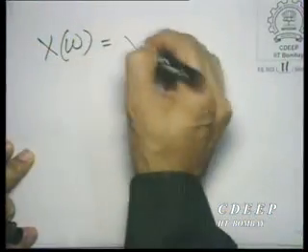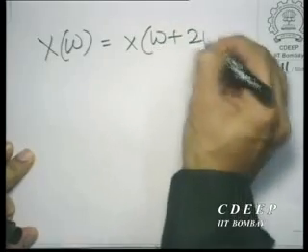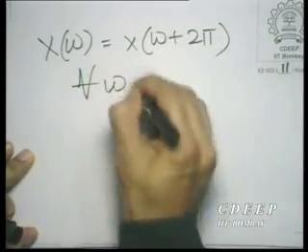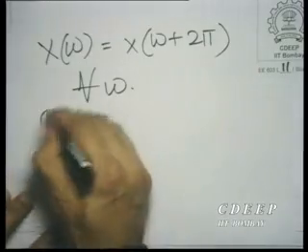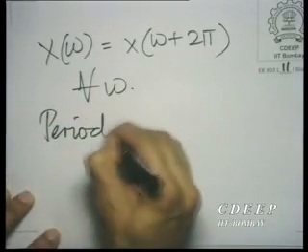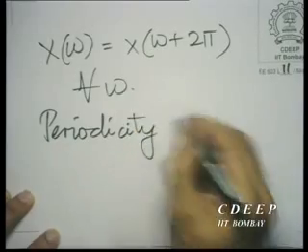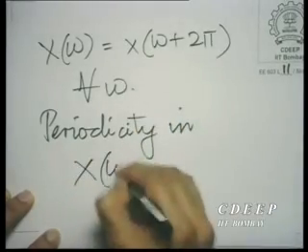However, there is periodicity in X(omega), right? So, you will recall also that we derived that X of omega is equal to X of omega plus 2 pi for all omega. And therefore, there is a periodicity in X(omega) of 2 pi.